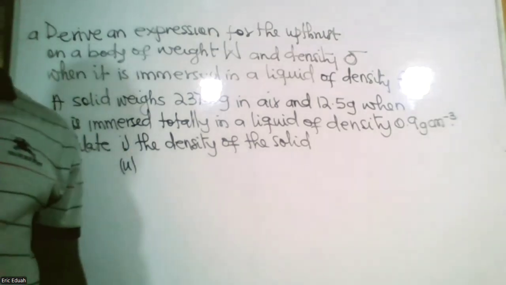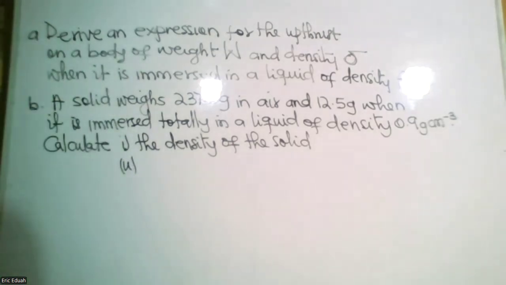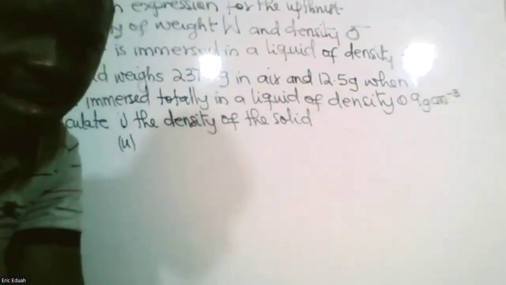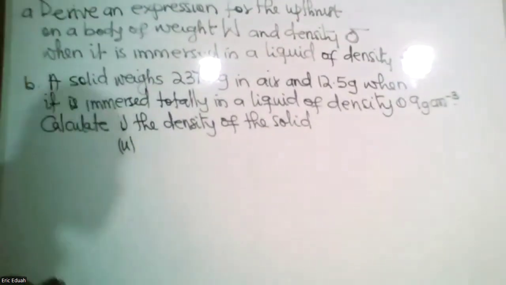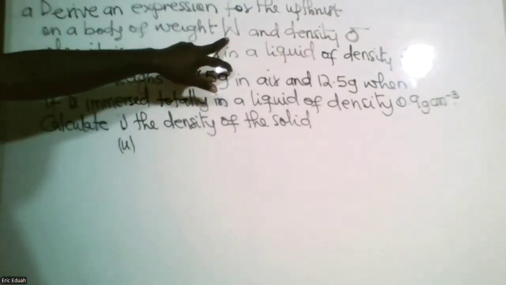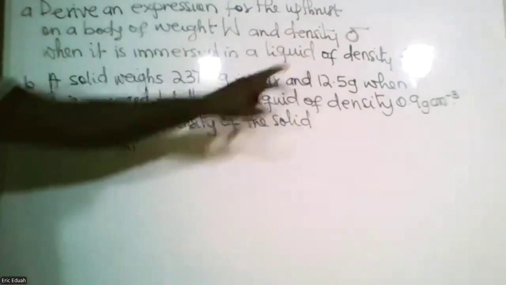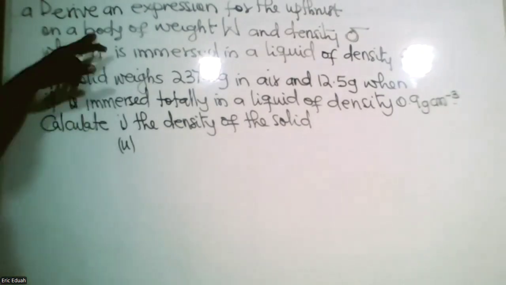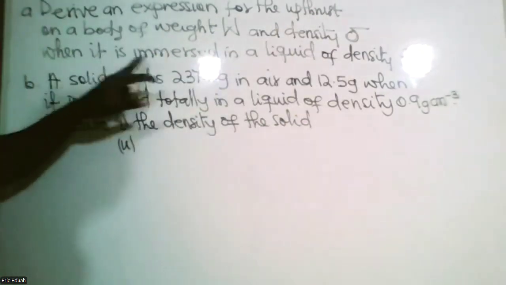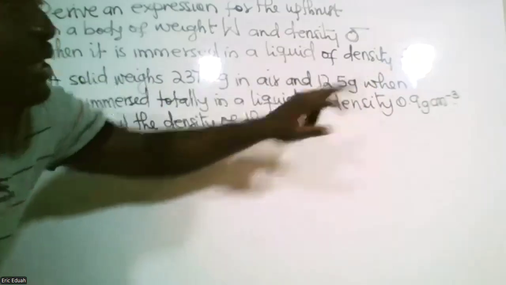When such a question is given, our expectation is that you derive a formula for upthrust in terms of the variables given: weight W, density of the body sigma, and density of the liquid rho.